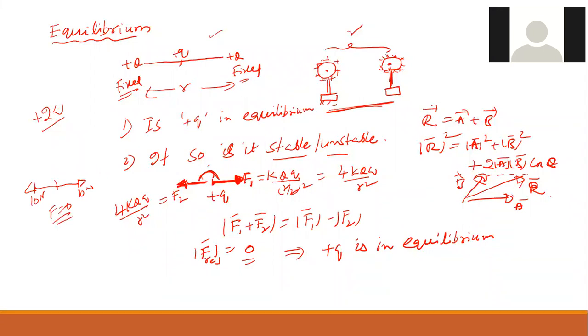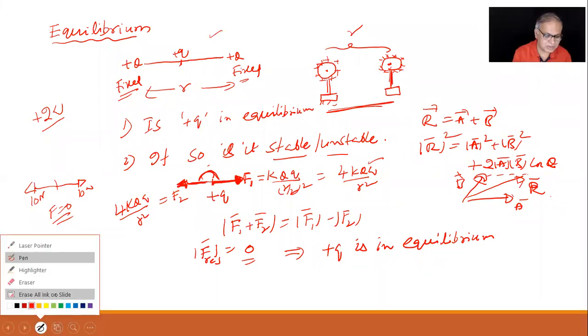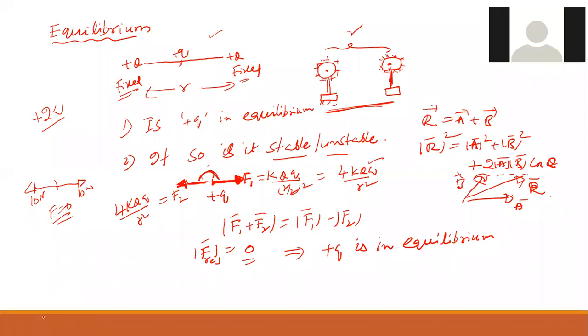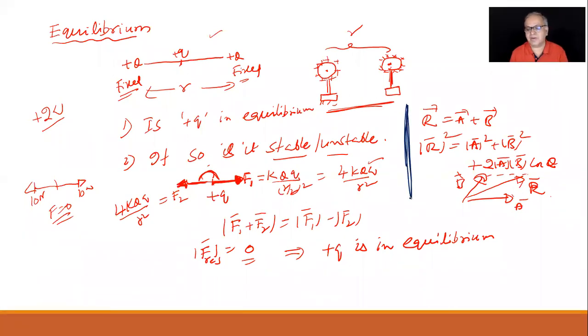That's what it is, no? 4k q by r square, 4k q by r square, two in opposite direction, two equal and opposite forces are producing 0. But I'm giving you a very proper way of doing it. Yes, sir. Math, you should be in a position to use, Anshuman, not just talk in physics. Talk is not enough. You should convert everything into numbers.